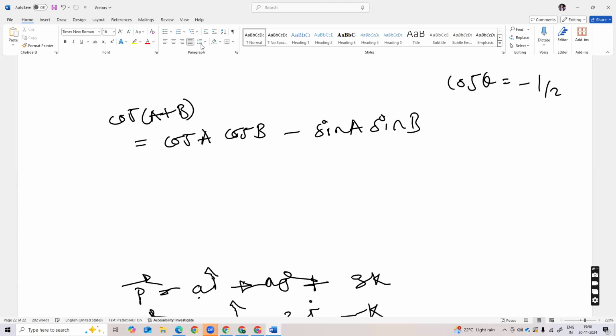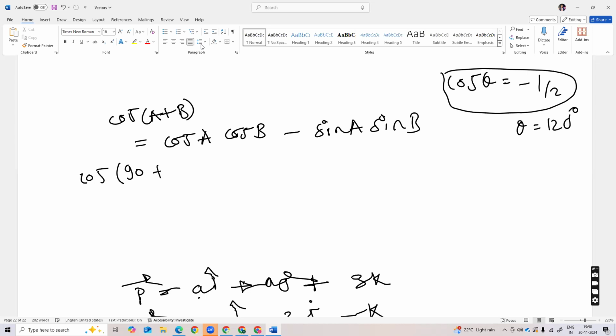If you remember the chart, you can simply find that theta is 120 degrees. If you don't remember cos 120, you can write cos 120 as cos of 90 plus 30, which is cos 90 cos 30 minus sin 90 sin 30.